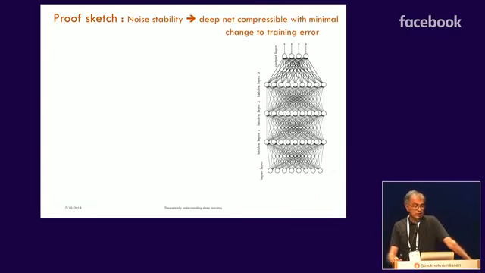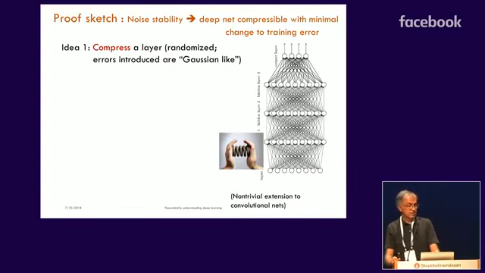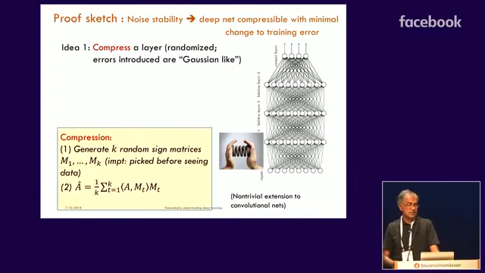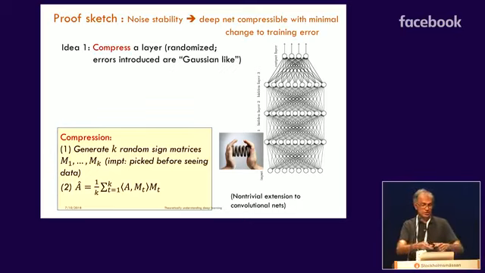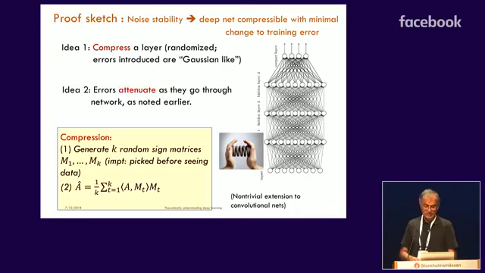Okay, so here's a proof sketch. So you do this compression of each layer. So you take a layer, compress it, and this compression is going to be randomized in such a way that the errors introduced by the compression, because you're changing the layer, are Gaussian-like. And specifically, the compression method is some linear algebraic method where you take k random sign matrices M1 through Mk, like a random linear projection, and you take the projection of the layer matrix onto these.